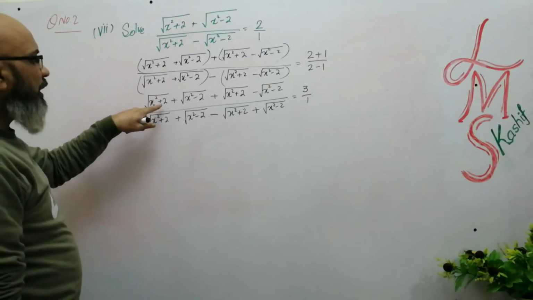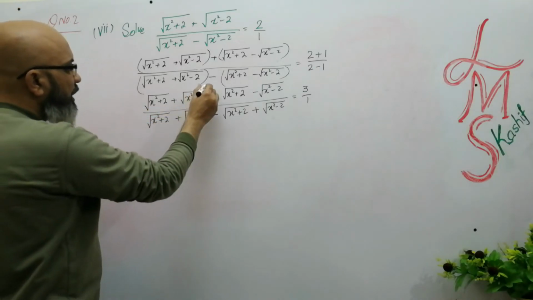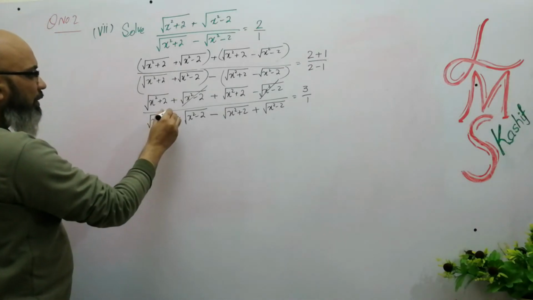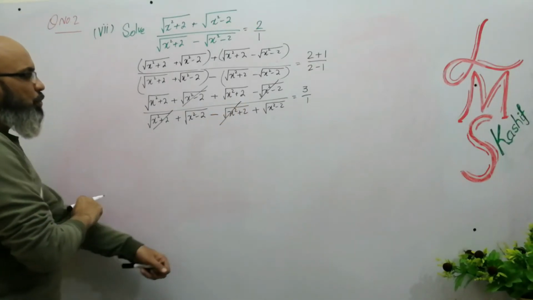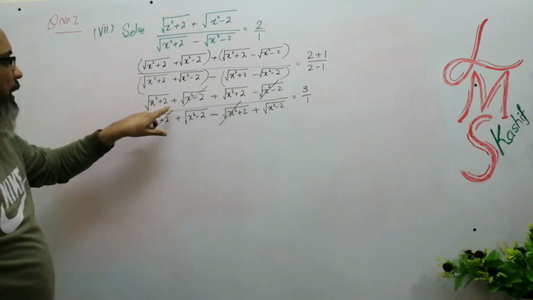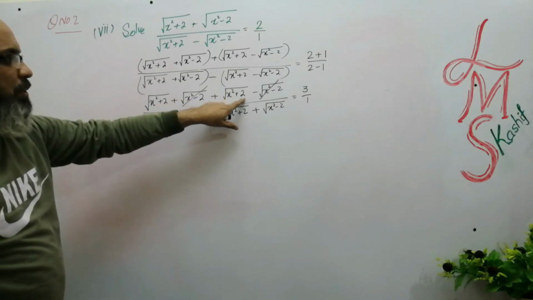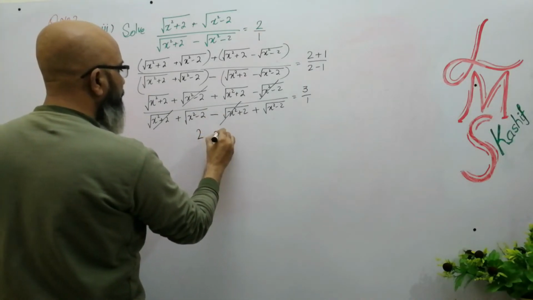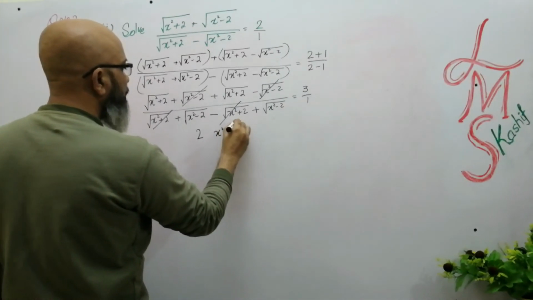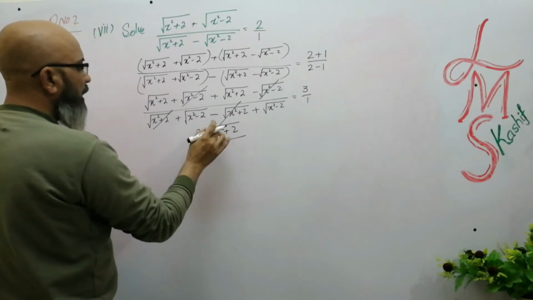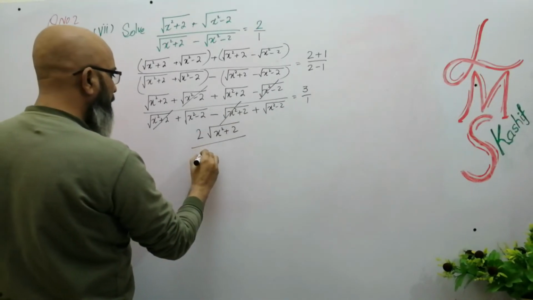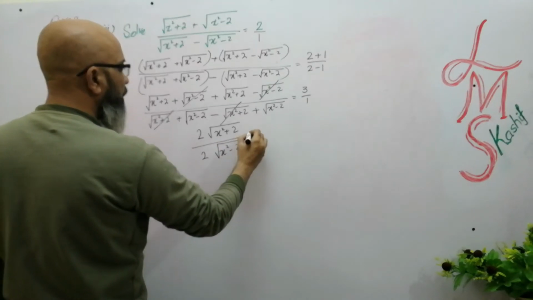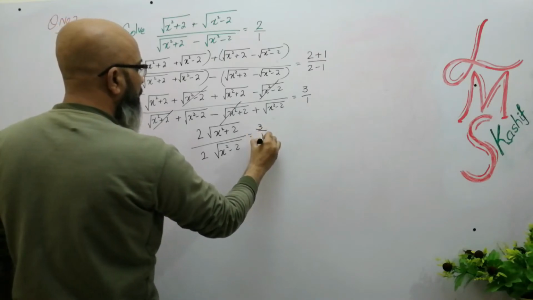So here square root of x square minus 2, that is positive and that is negative, so we can cancel it. Similarly these are the same term, square root of x square plus 2, so we write 2 into square root of x square plus 2. Similarly, here these two are the same, means 2 into square root of x square minus 2 is equal to 3 over 1.